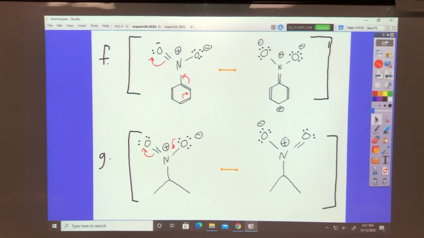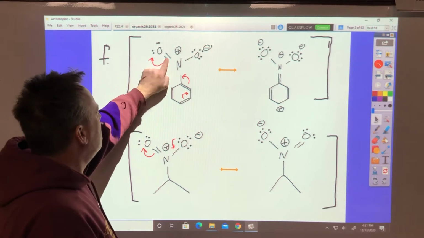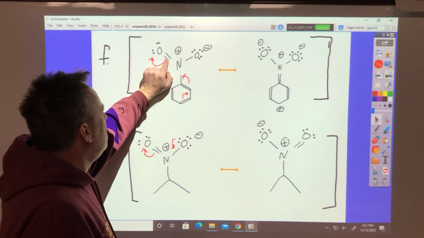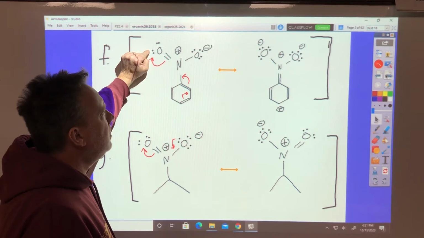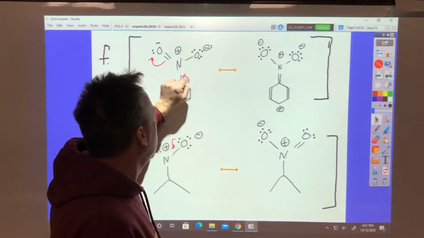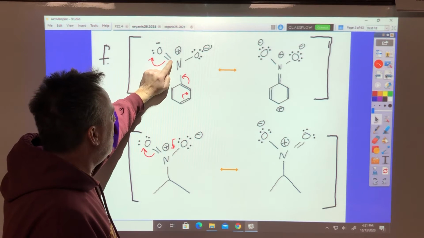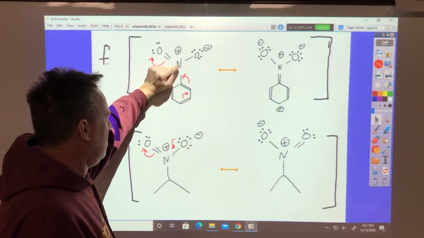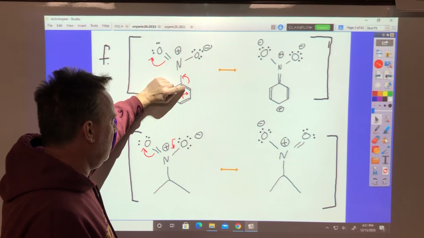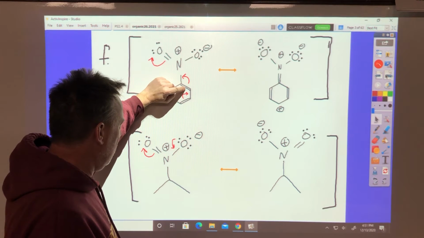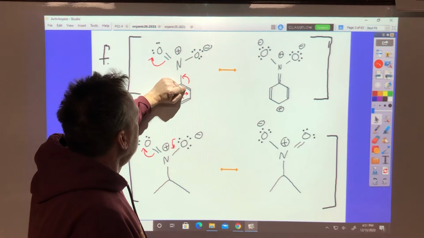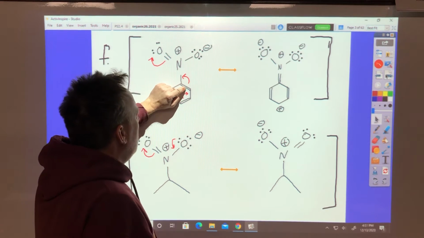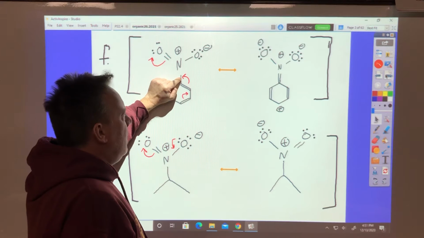Okay, if we move this double bond, take 2 electrons out of it, put it up here as a lone pair, we can do that. That's not a problem. But this already has a positive charge, so you're going to have to put some more electrons in there. And do that by taking 2 electrons out of a double bond here and sticking them there.